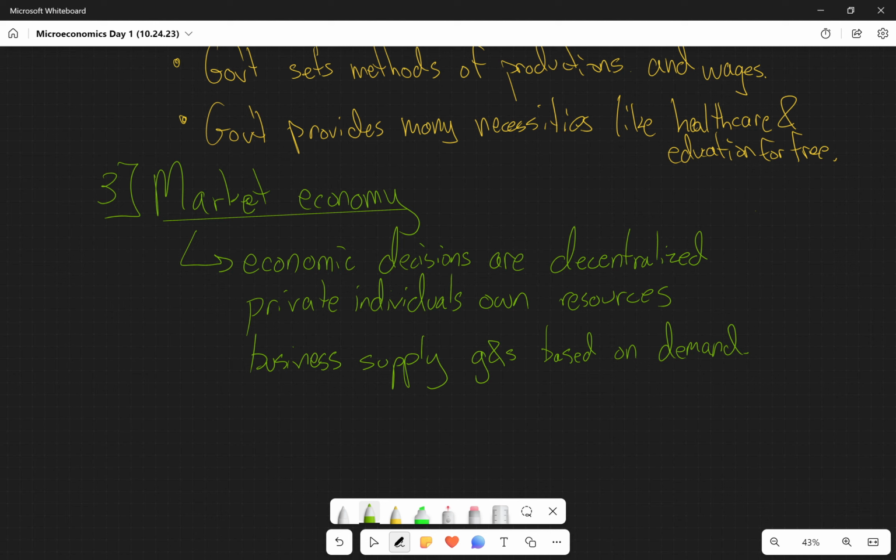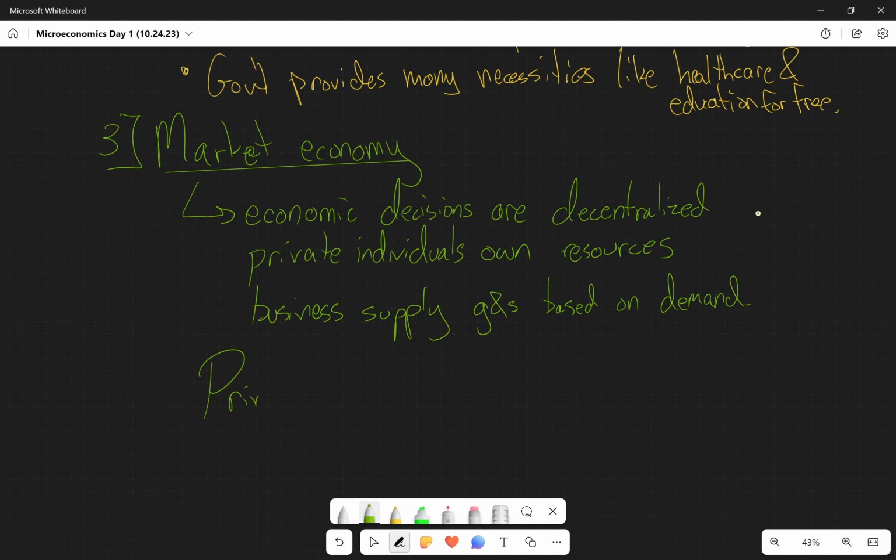When we talk about a market economy, we're talking about a system of what's called private enterprise. What do we mean when we say private enterprise? This is a system where private individuals or groups of private individuals own and operate the means of production.